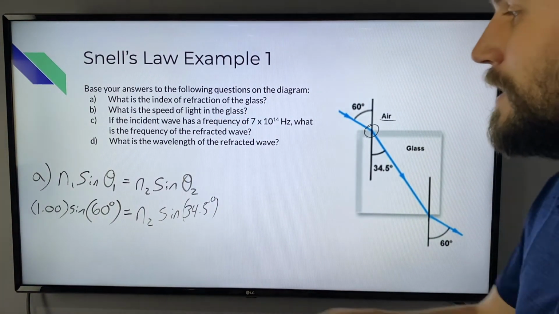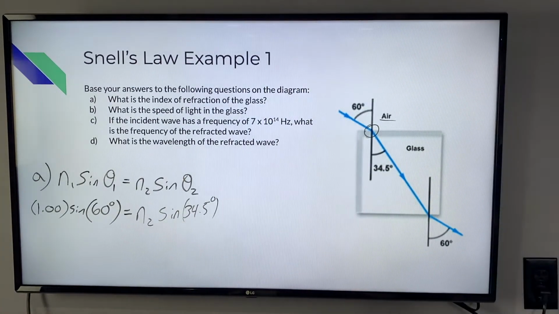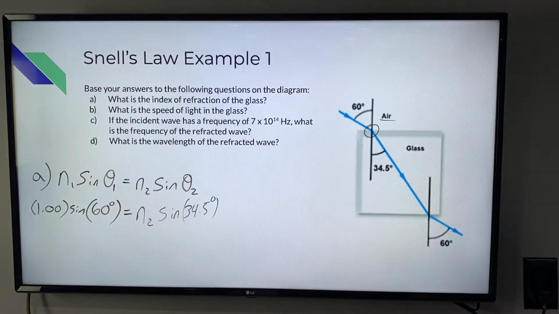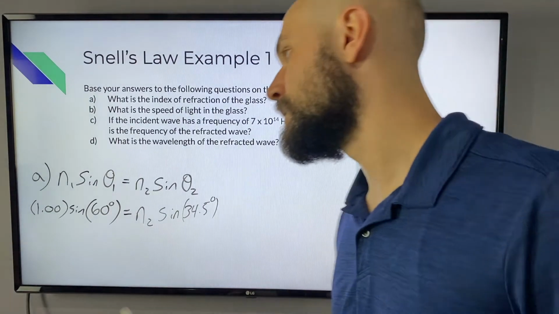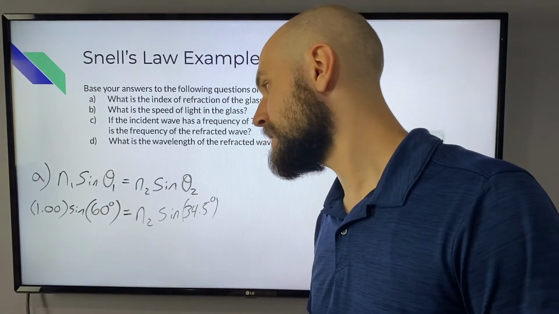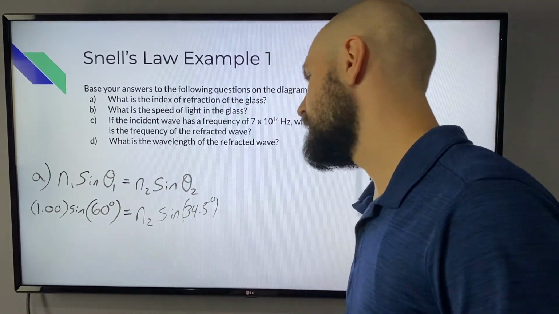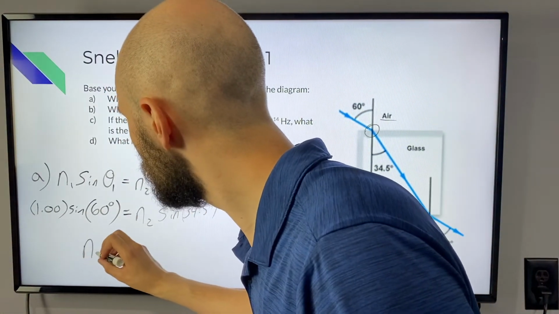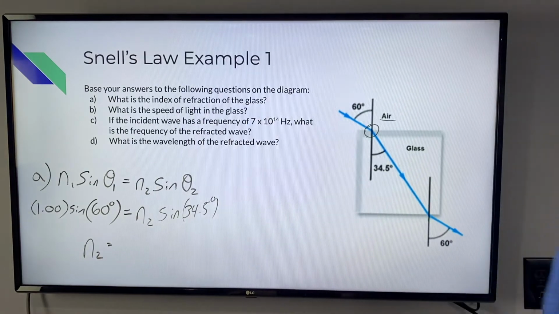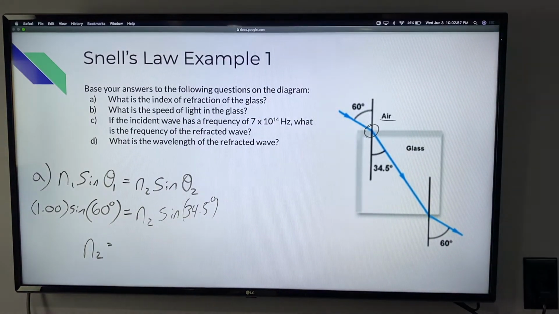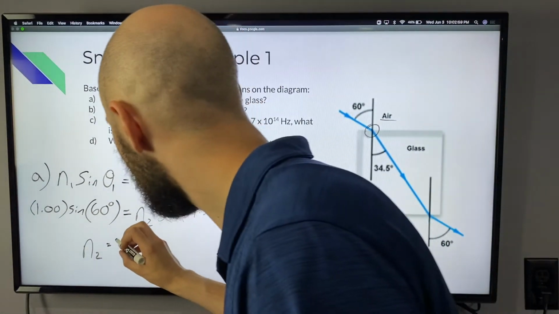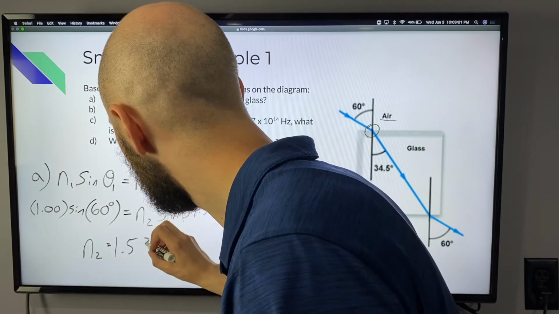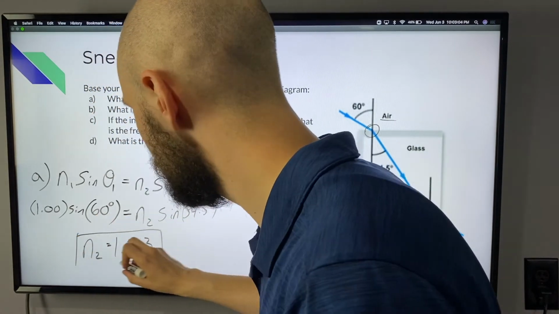So with this equation, we have one unknown, and we can absolutely solve for it. So plug this into your calculator and make sure you know how to do it. 1 times sine of 60 divided by sine of 34.5. That's going to be, I'm not a math wizard, I did it before I had you guys on. The index of refraction is 1.53. Boom.